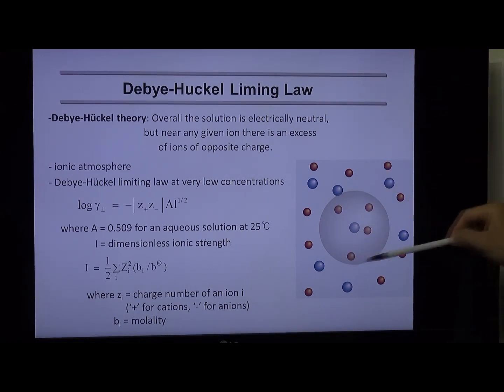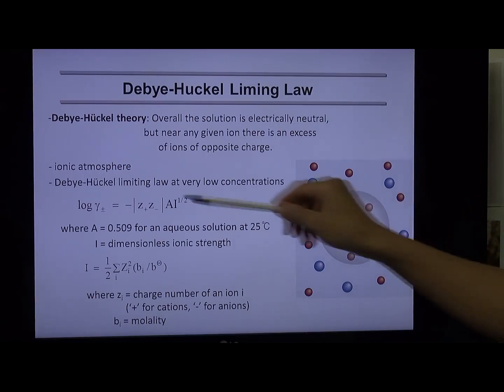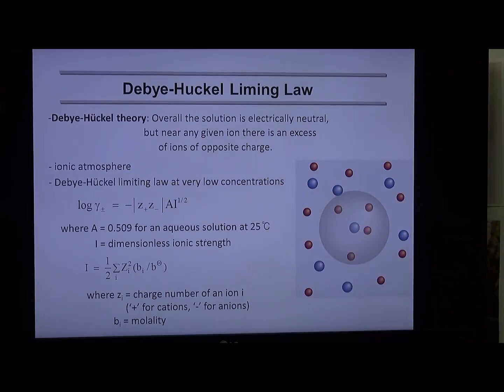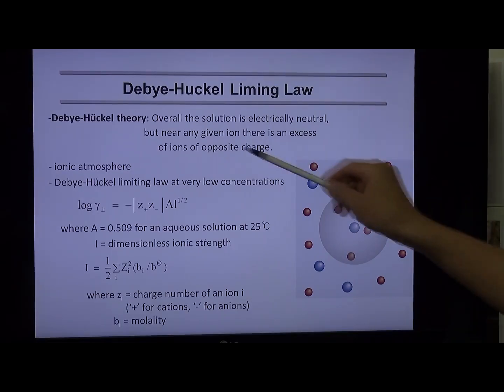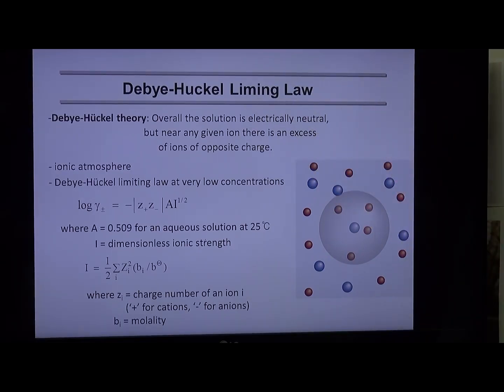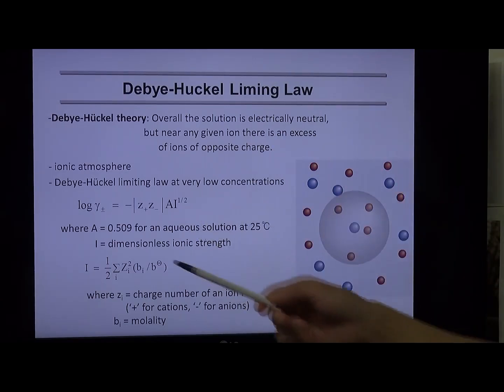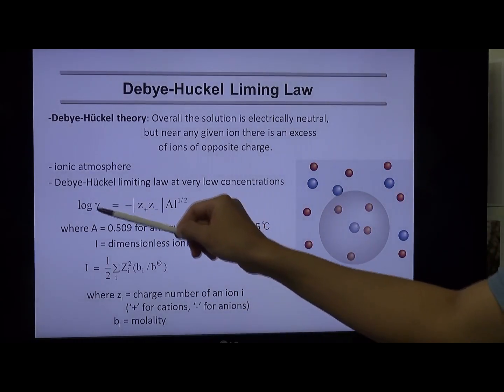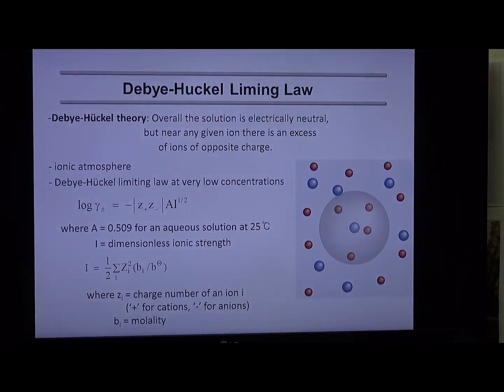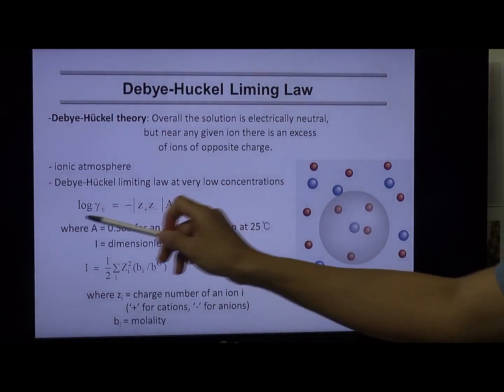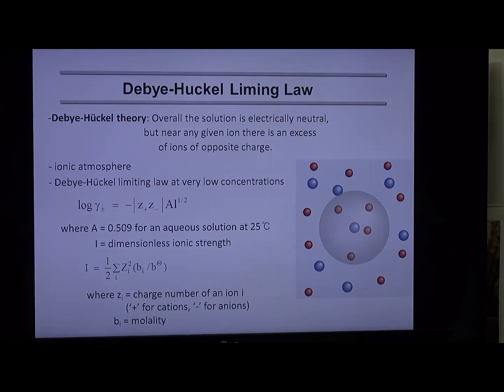This kind of behavior of ions is called the ionic atmosphere. And using this Debye-Hückel theory, we can represent the activity coefficient of ions, gamma plus minus, using this kind of equation.